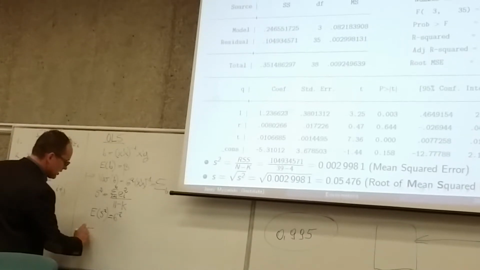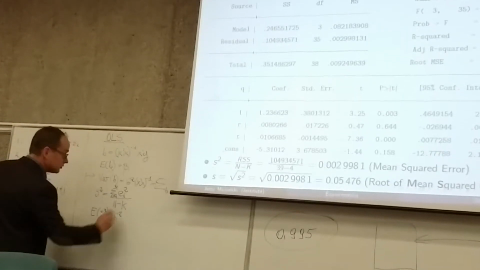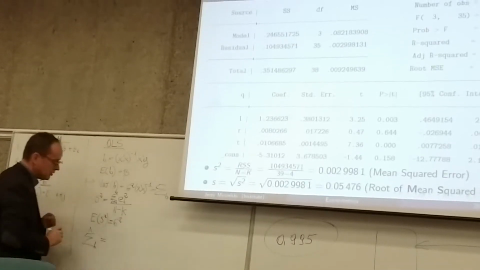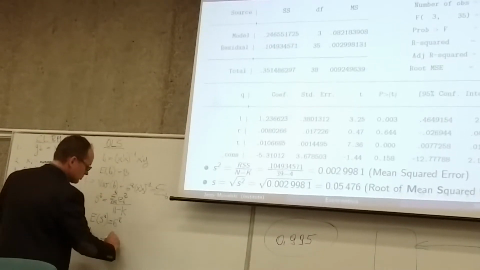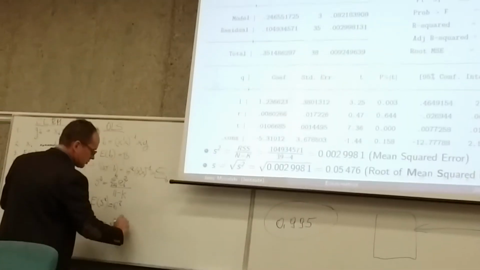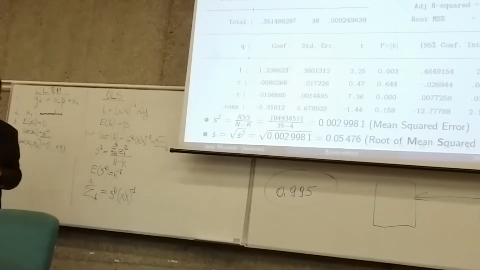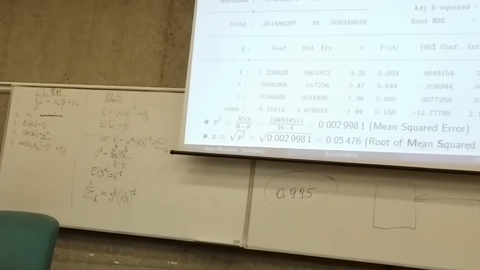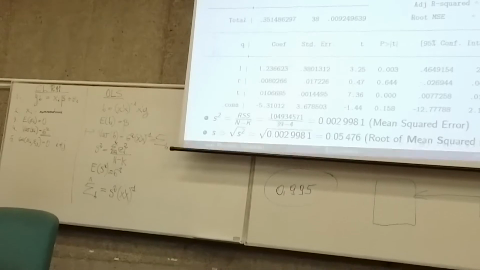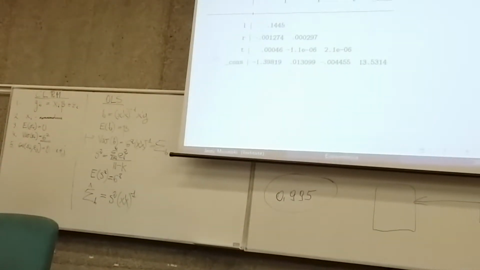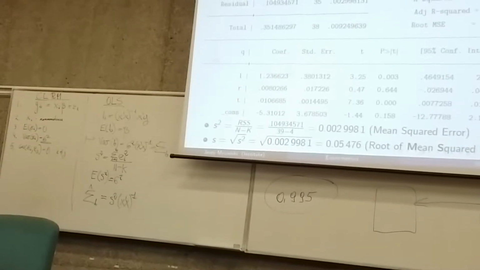So the estimate of this variance-covariance matrix is given by s squared x prime x inverted. And this is what is calculated by computer programs. We will see in a moment how it looks.